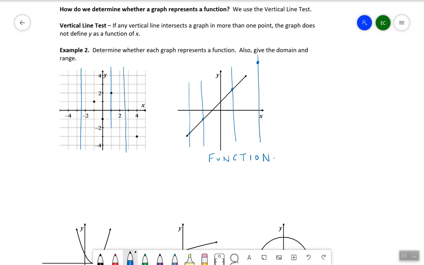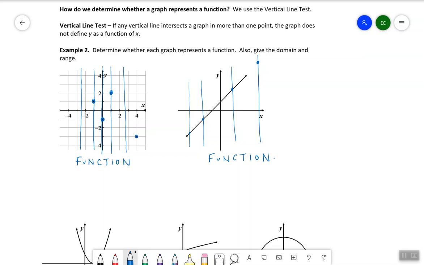And then you could draw a vertical line there, or right on the y-axis, or here at x equals -1. And those vertical lines hit the graph exactly one time at those points. So once again, this is a function.